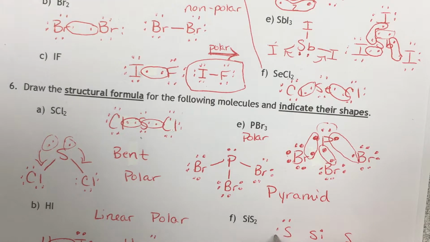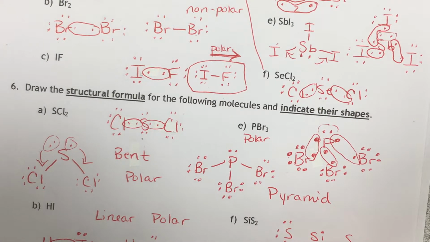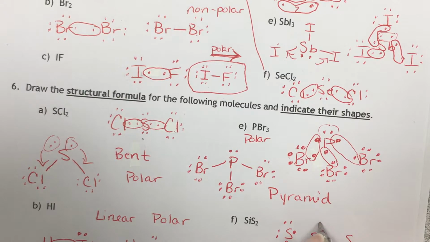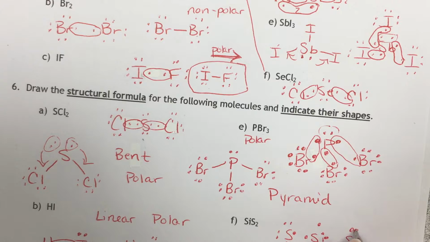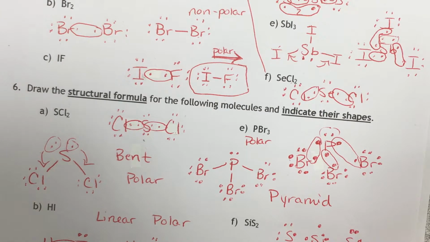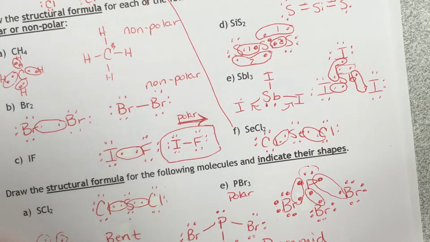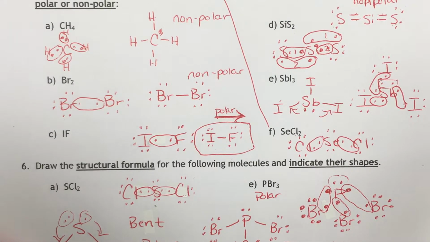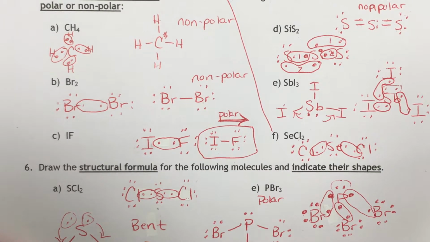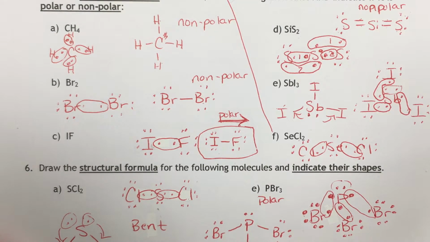Like that. And we're going to do their valence electrons. Sulfur has 6, and silicon had 4. So there will be a bond here, a bond here, a bond here and a bond here.